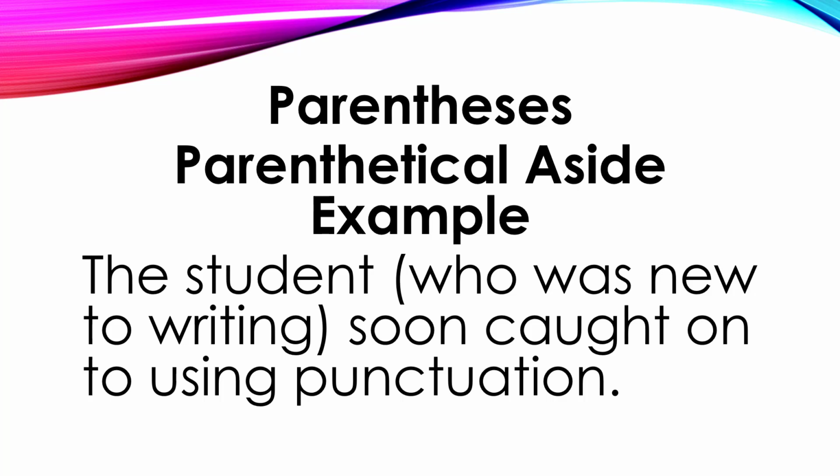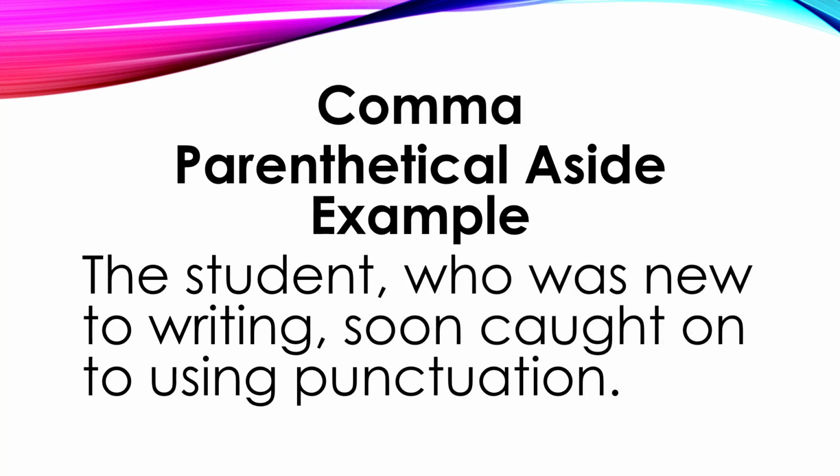The student who was new to writing, that's in parentheses, soon caught on to using punctuation, period. So here, I'm using the parentheses to enclose the parenthetical aside. Now, this is a comma replacement, so I could have used commas instead. The student, comma, who was new to writing, comma, soon caught on to using punctuation.